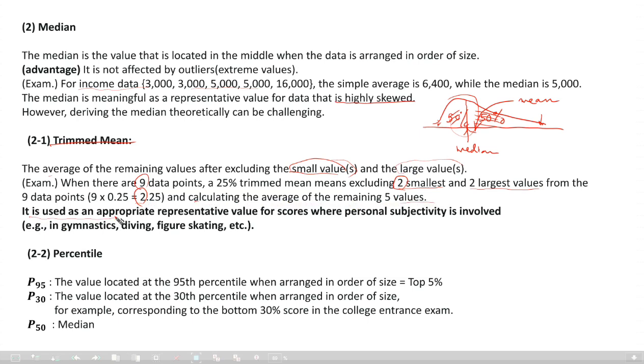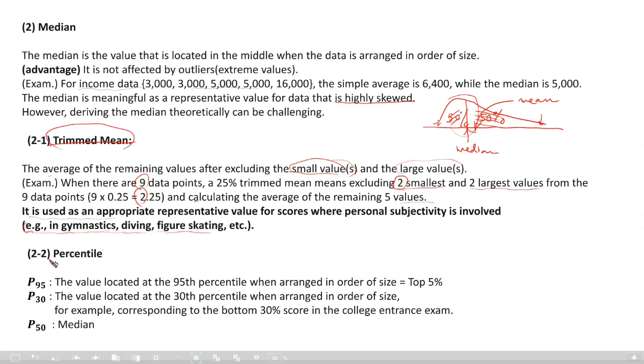It is used as a proper representative value for scoring where personal subjectivity is involved. Examples: gymnastics, diving, figure skating. When you watch TV on gymnastics, diving, figure skating, you can see this trimmed mean.